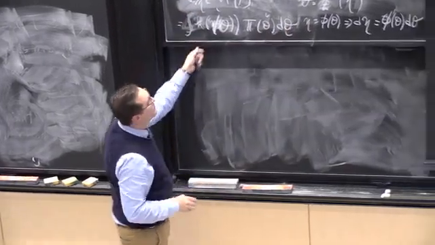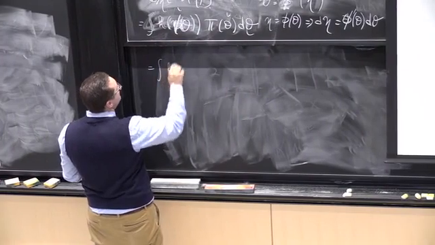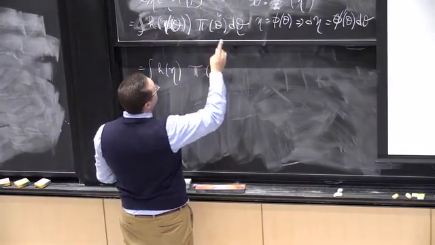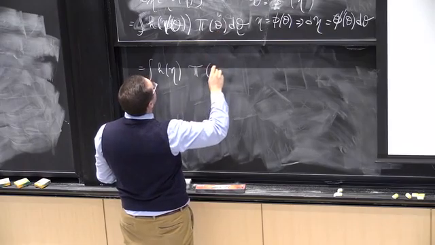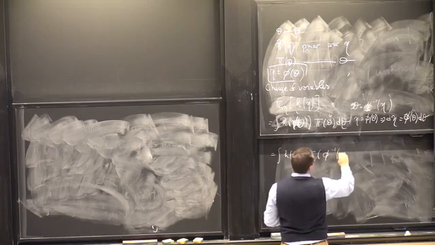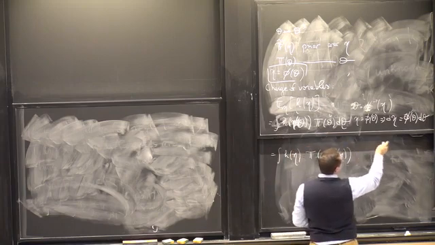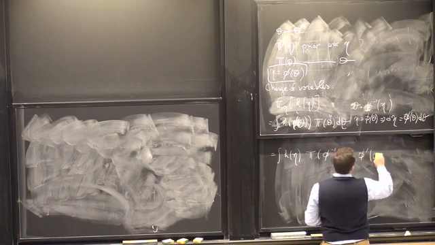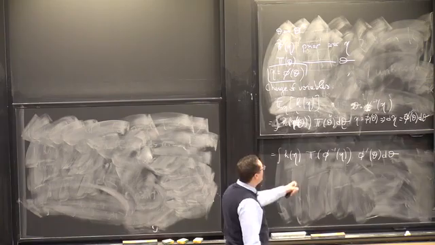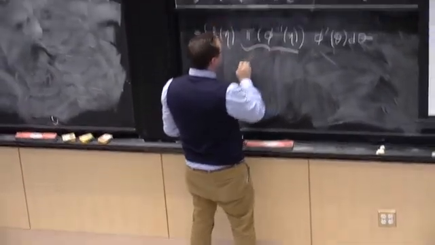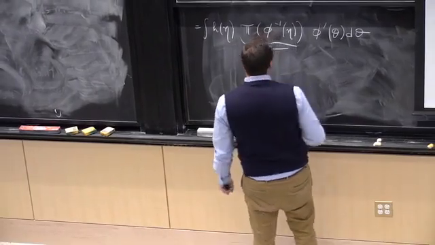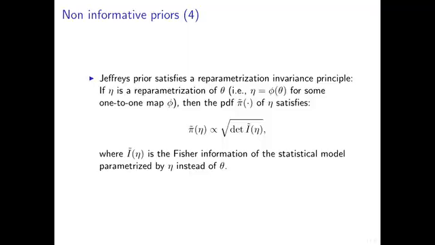Now I'm going to do my change of variable. So this is going to be the integral of h of eta, and then pi of phi of, so theta is phi inverse of eta, and then d theta is phi prime of theta d theta, okay? And so what is pi of phi of theta? This thing is proportional, say we're in dimension 1, to the square root of the Fisher information.